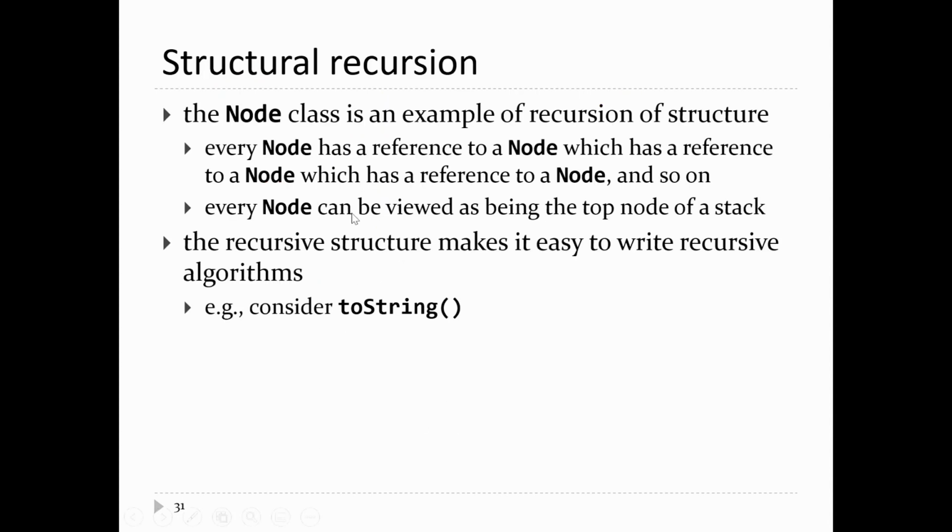Now, when you get that fixed in your head, it should become, well, I'm not going to say obvious, but you should begin to suspect that maybe I can use this fact to write algorithms on these linked structures in a recursive way. Because in recursion, every time you make a recursive call, you need to make it on a problem that has a smaller size.